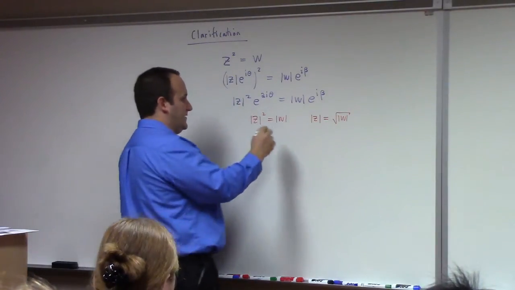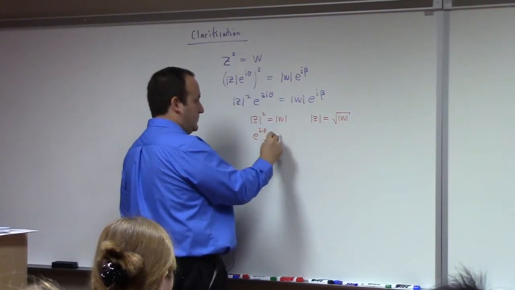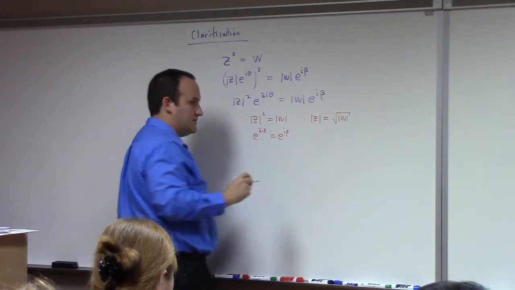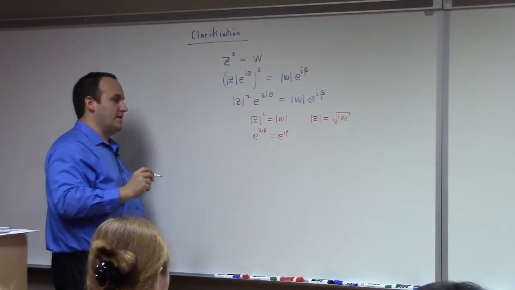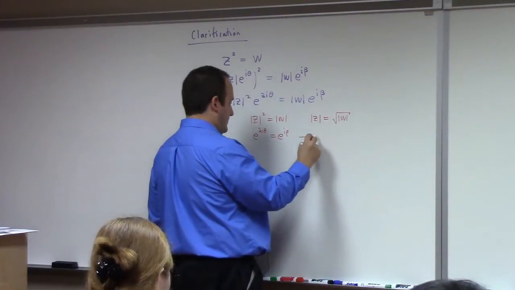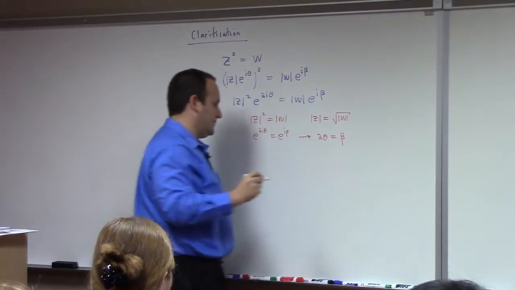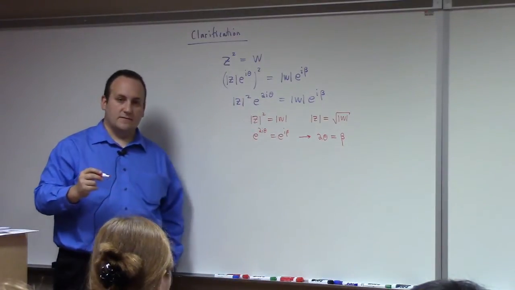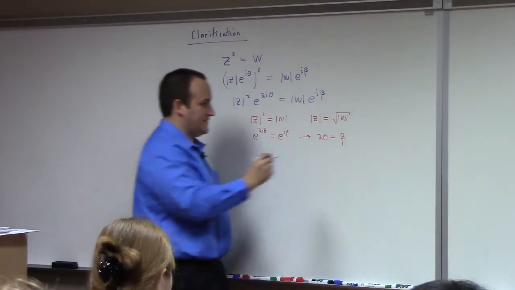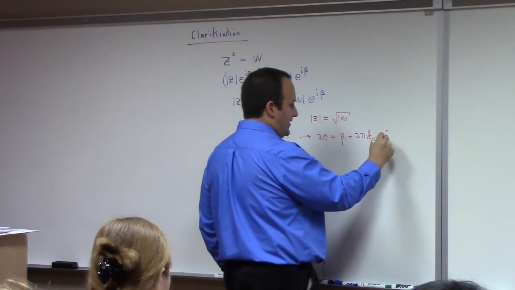And then on the flip side, of course, if we have e to the 2i theta is equal to e to the i beta, what's that tell us? How can those be equal? That means what? 2 theta is equal to beta is part of the truth, but it's certainly not all of the truth. Plus 2 pi k, yeah, plus 2 pi k for k an integer.